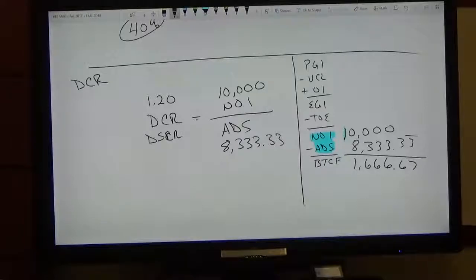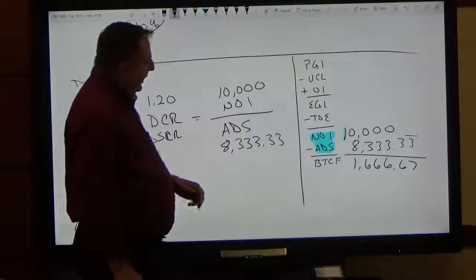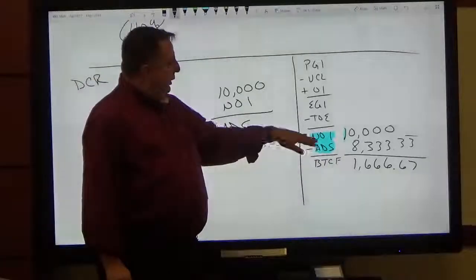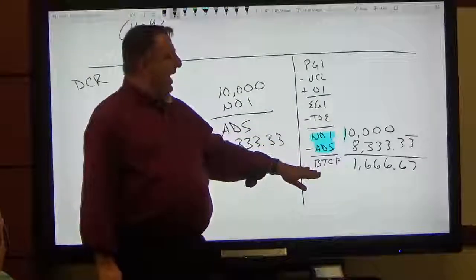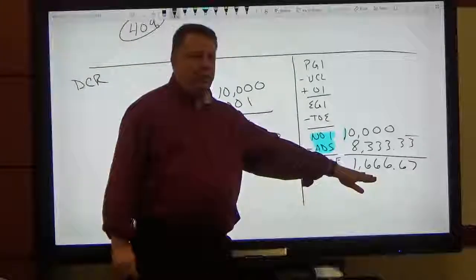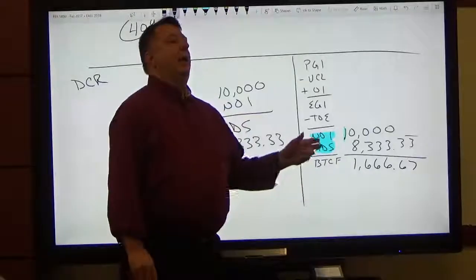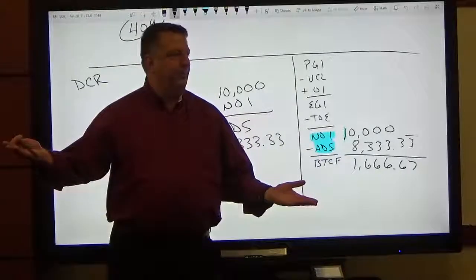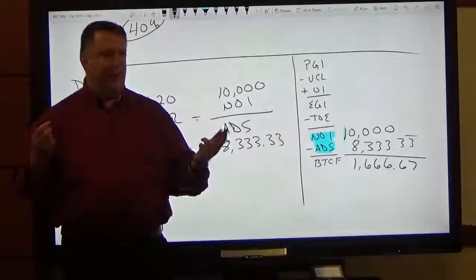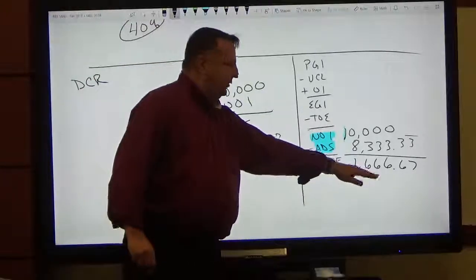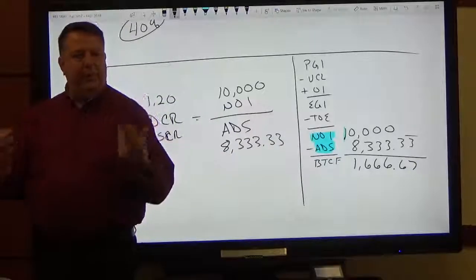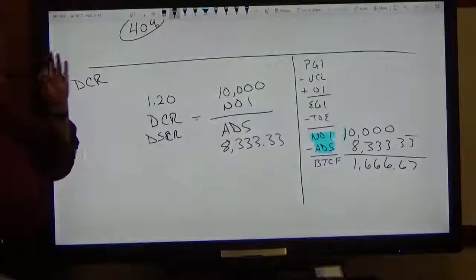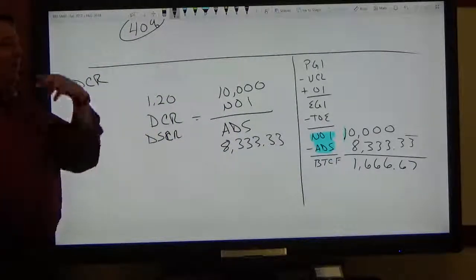So another way to look at this is that your income could go down by as much as an additional $1,600 and the lender would still be paid. Does that make sense? That's how the lender's looking at it. That's the cushion that they want, that they know that by setting it at like a 20% cushion, hopefully that's enough.